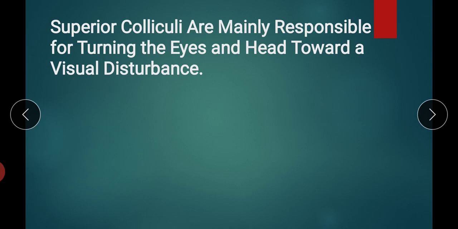Not only this, the different parts of the retina are also topographically represented in the superior colliculus. And if you remember the visual pathway, some of the accessory fibers, the accessory visual pathway, go from the optic tract into the superior colliculus.